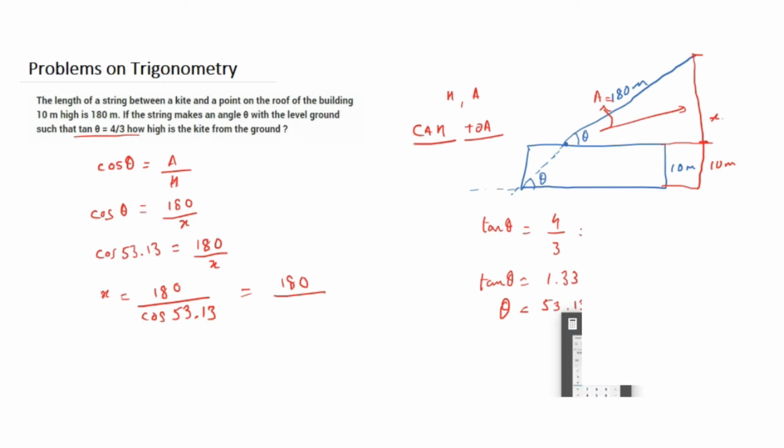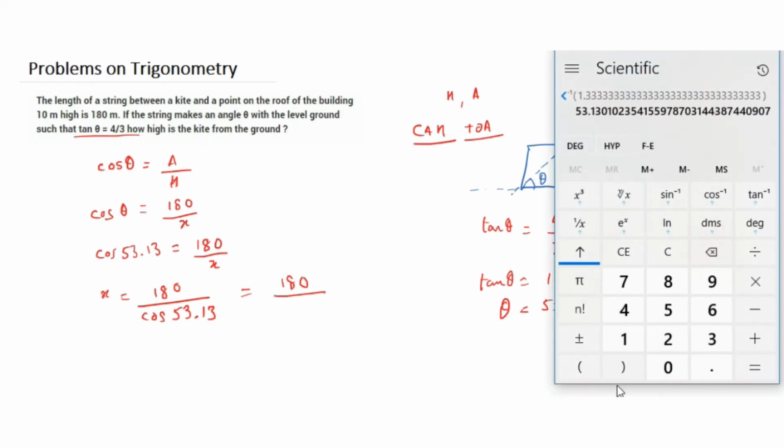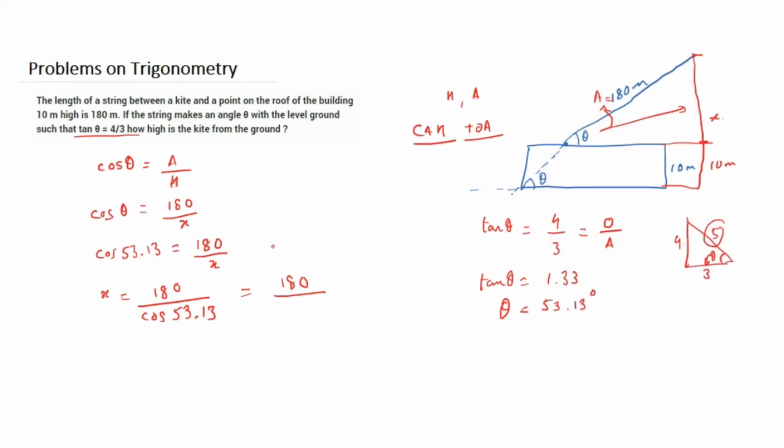We need to find out the cos of this. So I unclick on the shift key, click on cos, and I get 0.6. So this is going to be 180 over 0.6. I can just remove the decimal, multiply by 10. This goes into 180 30 times. So that's going to be 300.